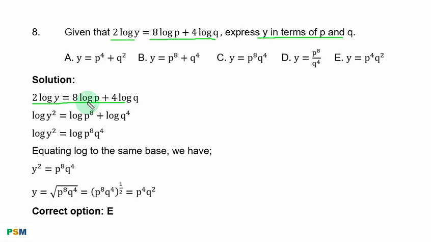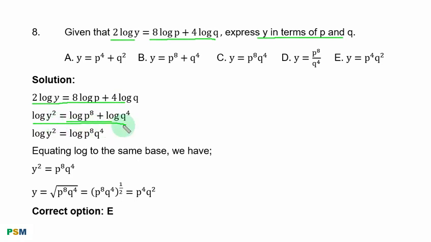So by power law, you can take 2 to become power to y, 8 power to p, 4 power to q in this form. From the right hand side, you apply law of addition. The common base here is 10.